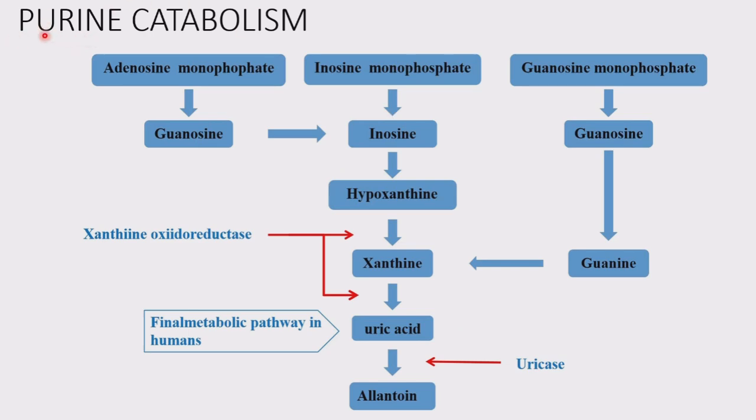Another byproduct is created by purine catabolism. When some of your cells die, they release purines, particularly adenine and guanine. These two nucleic acids will be converted into uric acid, which will be excreted by your kidney in the form of urine as well.